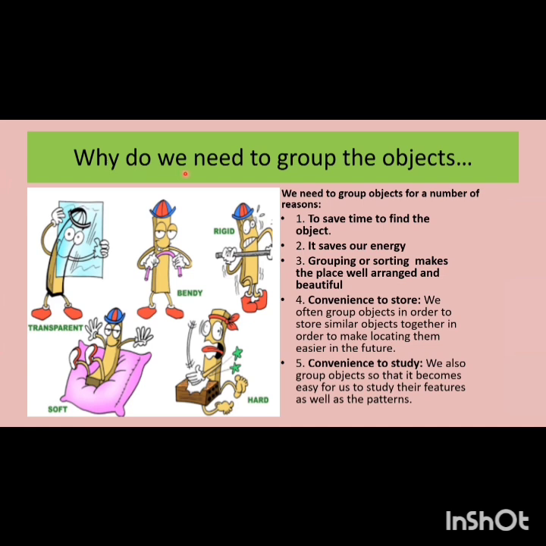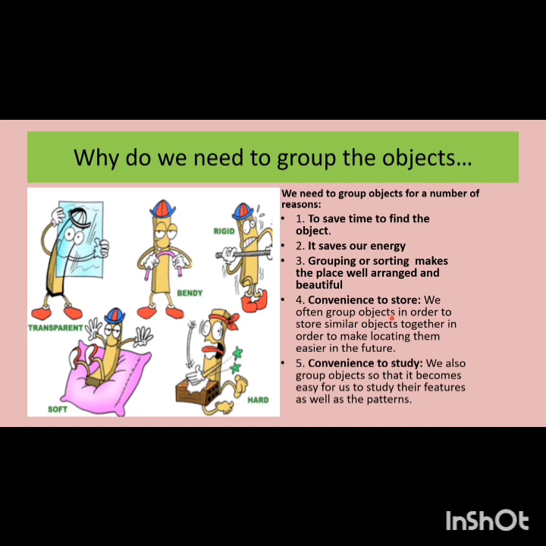But why do we need to group the objects? There are many reasons. Number one, to save time to find the object. Two, it saves our energy. Number three, grouping or sorting makes the place well arranged and beautiful. Four, convenience to store.